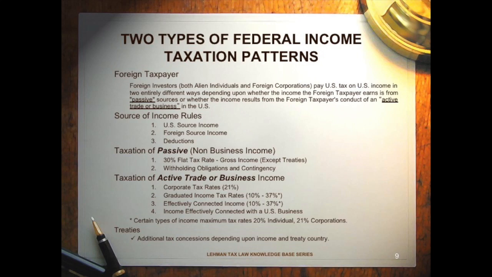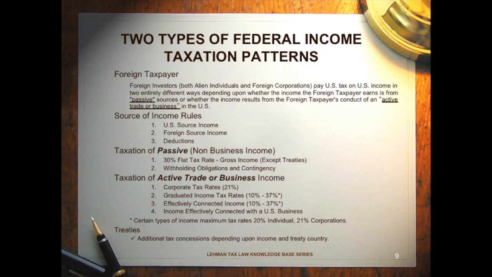Now, if you're here with the United States treaty, then there are some differences. Under the treaties, passive income, the withholding tax on passive income is generally not 30%.